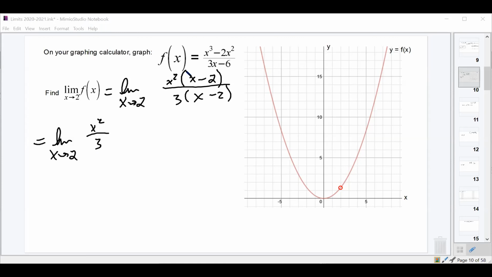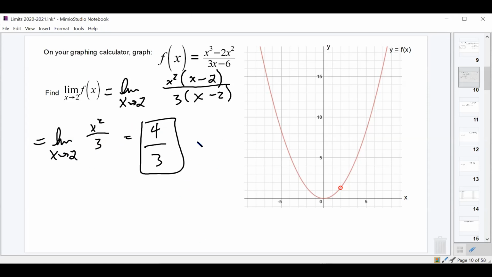So far, good? Then we plug in the 2. When we plug in the 2, we no longer need to write the limit part of it because we're evaluating this new function at x equals 2 to get us 4/3. So it looks like the answer is 4/3, and that's what it is.